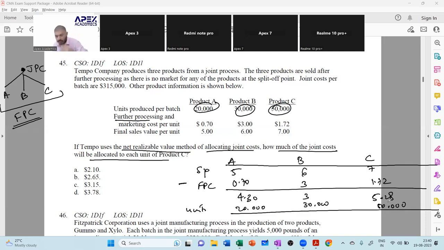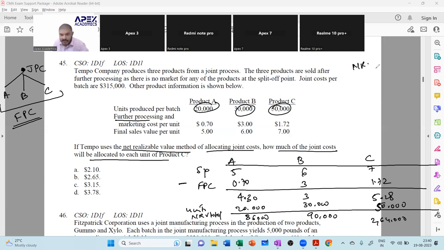What is the total NRV? 4.3 into 20,000, 86,000. 3 into 30,000, 90,000. And this is 50,000 into 5.28, it's 2,64,000. Right? This is the total NRV.